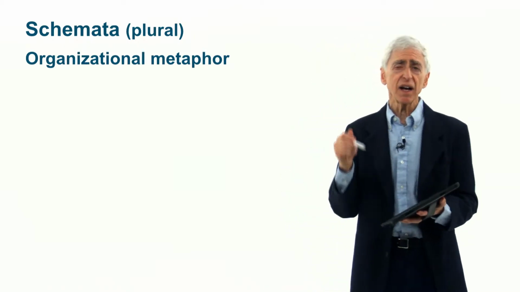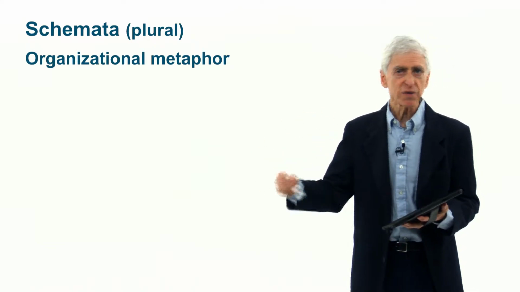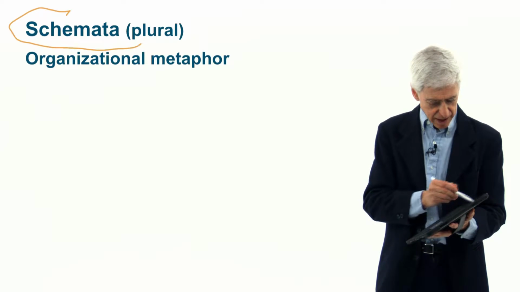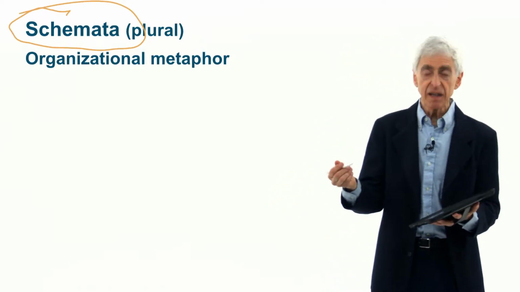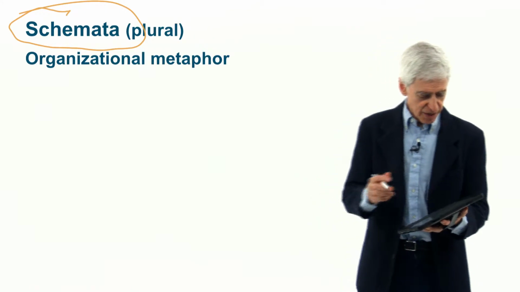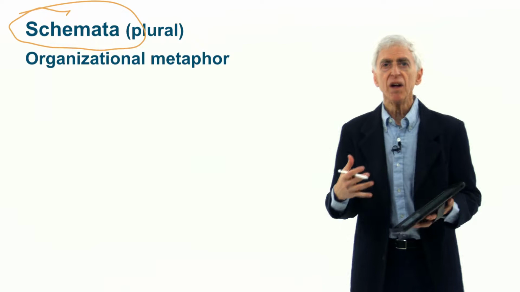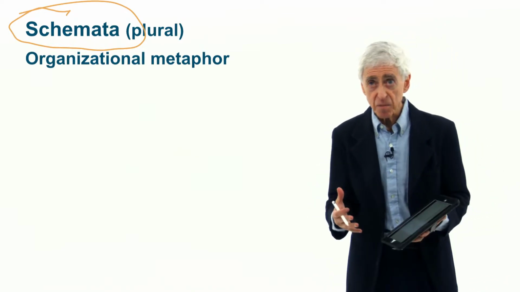And this word is going to come up not just in this video, but all through the whole series of videos. The word schemata. That actually is a plural word. Schema is the singular. This is a word we use as a metaphor for how the brain organizes our long-term memory.